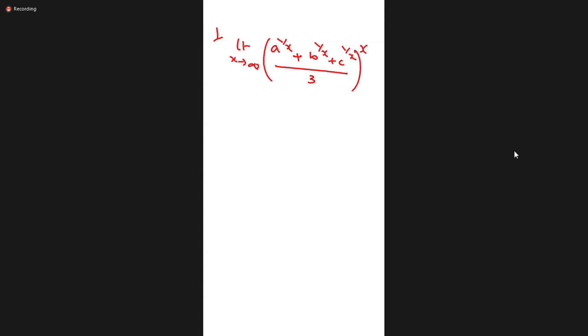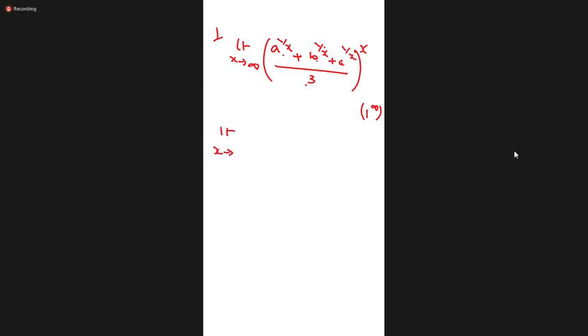So a power 0, b power 0, c power 0. A power 0 is 1, b power 0 is 1, c power 0 is 1. 1 plus 1 plus 1, 3 by 3, 1. Power x is there, x infinity. So it is 1 power infinity form.